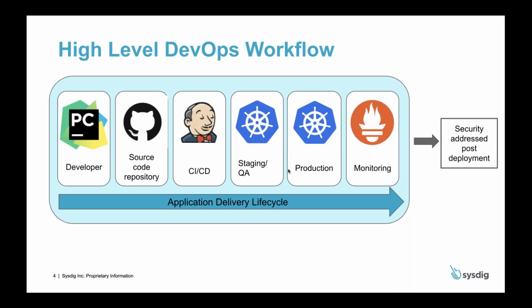And this is typically your application lifecycle, but where does security come in? To answer that, typically it comes in late, after the application deployment. As security comes in, the security teams are starting to implement the security policies and are not informed in terms of the development of the application and don't come in early.